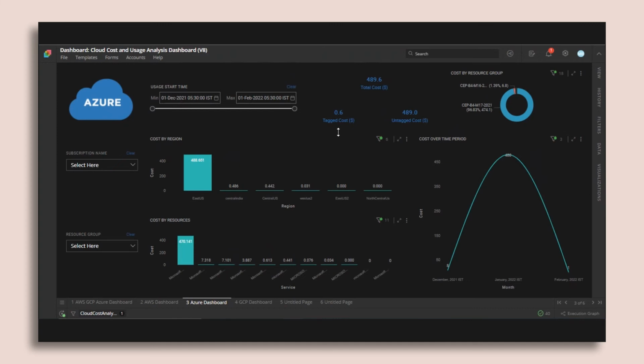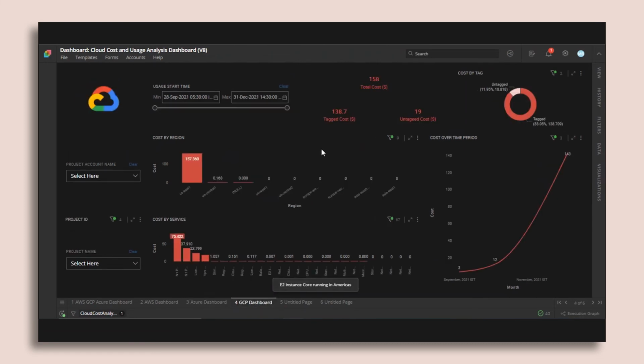So in a lot of our engagements, we aim for at least 95 to 98% cost coming from the tagged resources. Also, since we are monitoring it on a continuous basis, we know if there is a sudden spike, right? We know which service has caused that spike. So those kinds of capabilities can also be built in this platform.